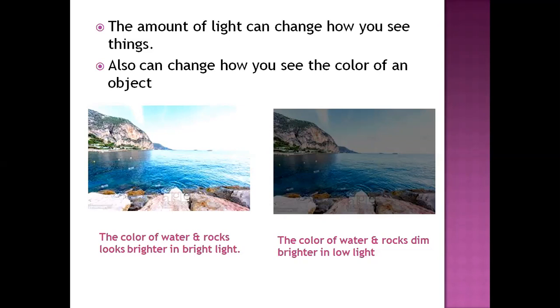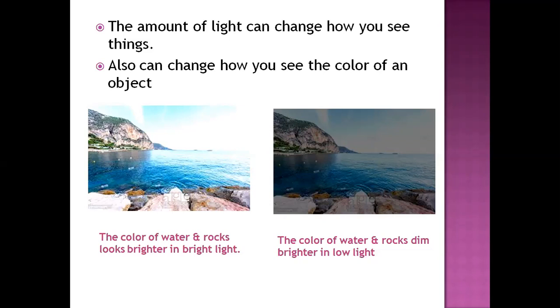When I switch off the light, because it is sunny and the sun comes through the windows, you're going to see more clearly. But if I switch on the light, you're going to see things more faint.